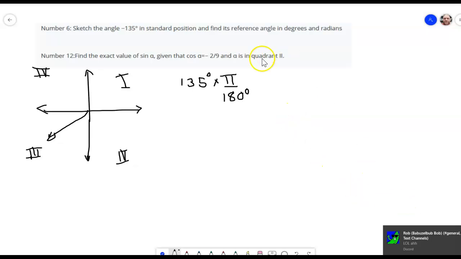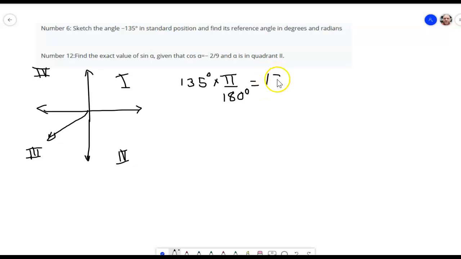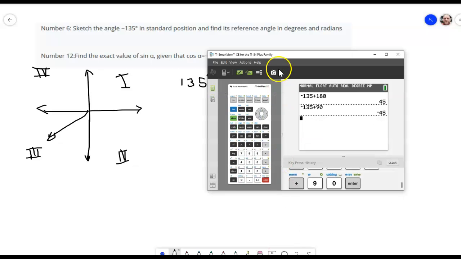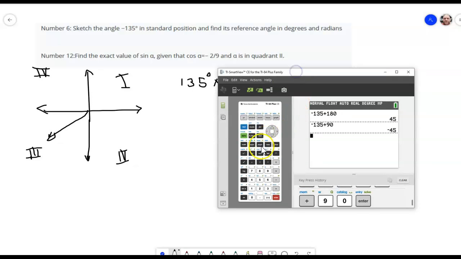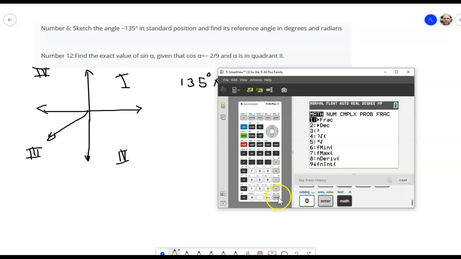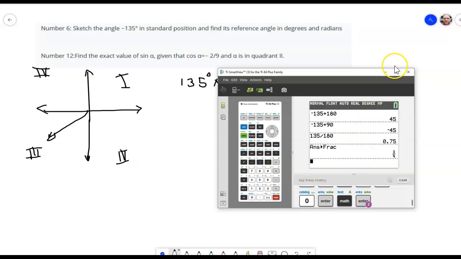This is going to be equal to 135 pi over 180. And remember, I showed you the shortcut to find the fraction in reduced form without doing the prime factorization. I can just do 135 divided by 180 to get a decimal, and then I just do math, frac, enter, and that's 3/4.